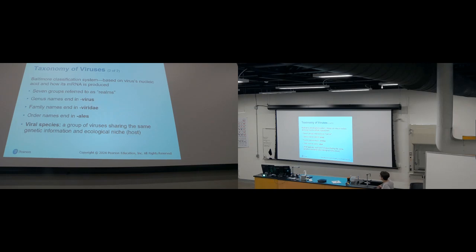The genus name ends in virus, that will be the suffix. And then you will have family names that end in viridae. And then you have the order name that ends in ales.